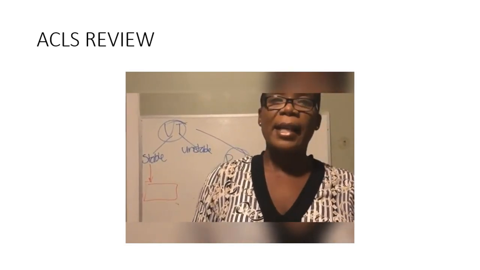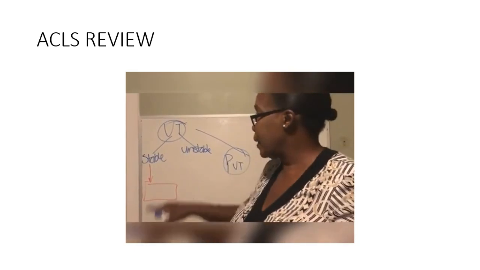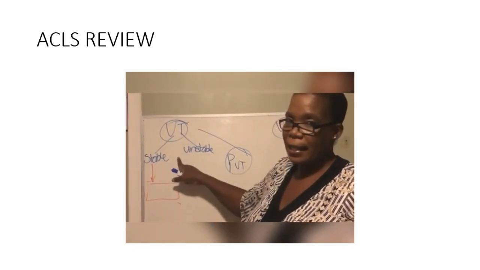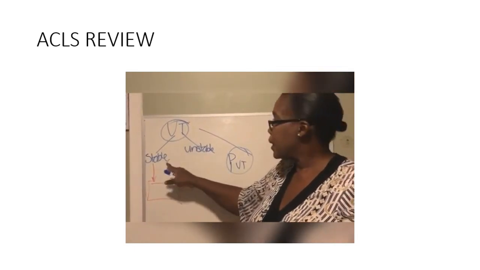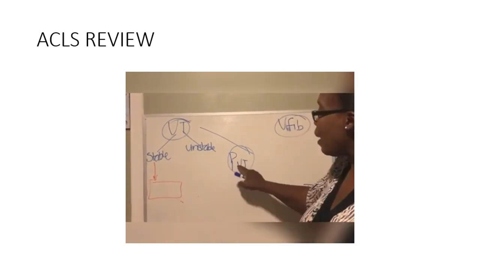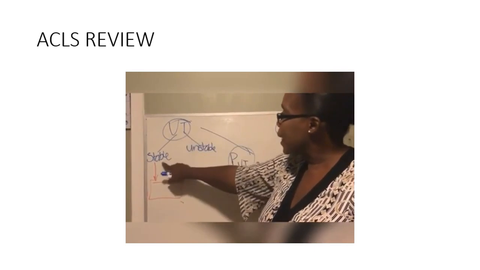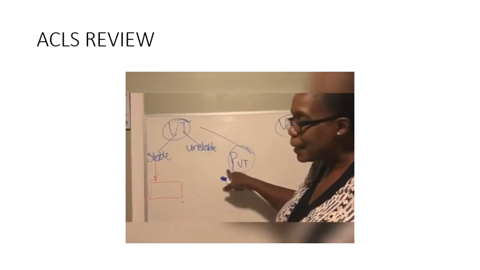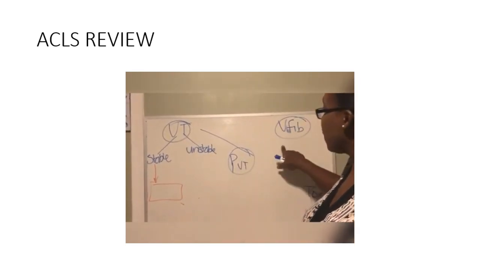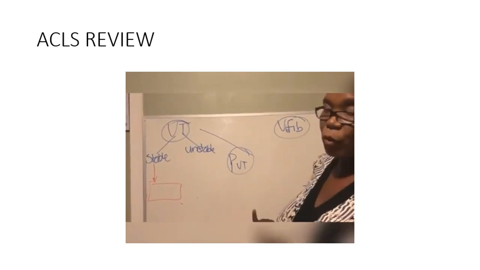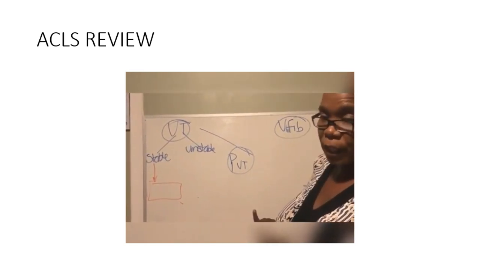Now we're going to look at the big guys. That is ventricular tachycardia. Again, stable and unstable. Then pulseless VTAC. Then VFib. The good thing about this is the treatment is defibrillation.